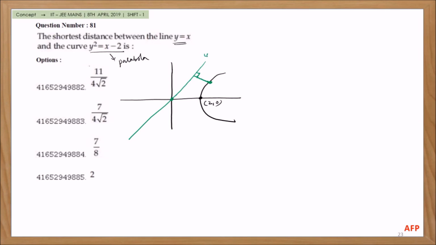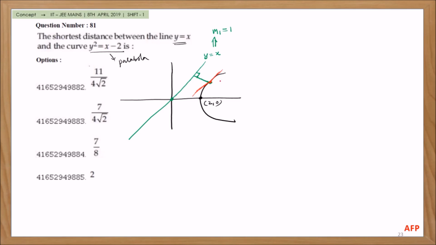So the line is y equals x. Now you can see the slope of this line. I will take the slope as m, which is 1. Now we will draw a tangent at this point.